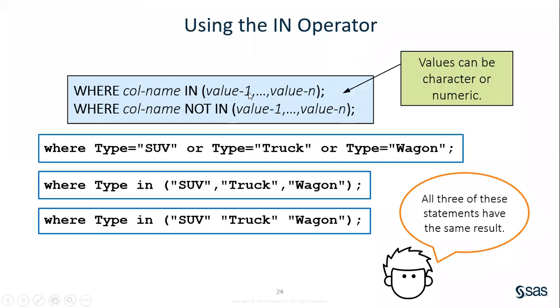Either you write the in operator to select multiple values among the list for the column, or not in the list. Not in the list means if you provide a certain list, it will select all which is not in the list. So either write in with multiple values separated by comma or space. All three statements have the same result.